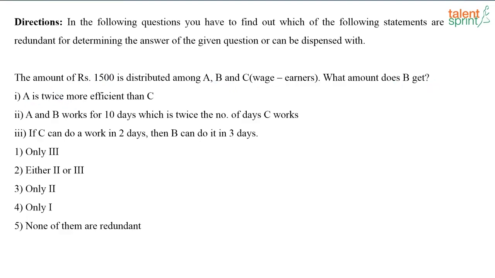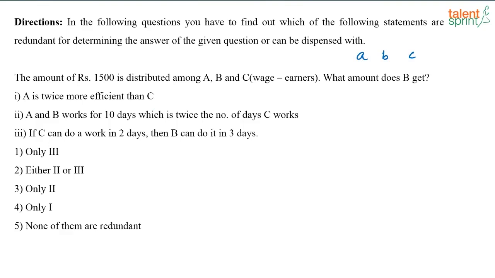A is twice more efficient than C. So to solve this question, I am going to assume that in one day A will do A units, B will do B units of work and C will do C units of work respectively. What does the first statement say?